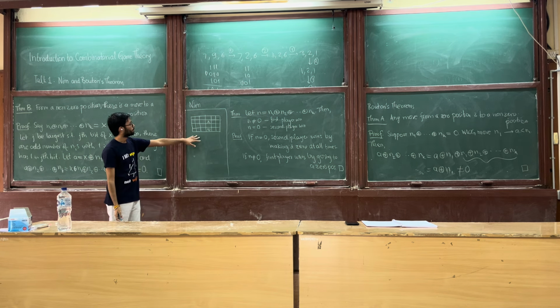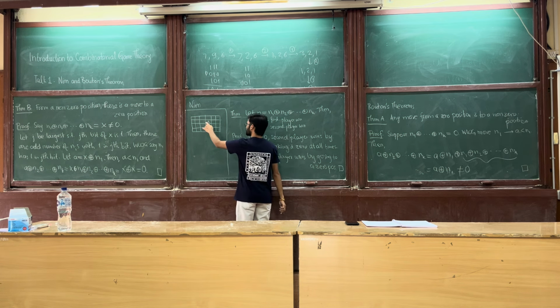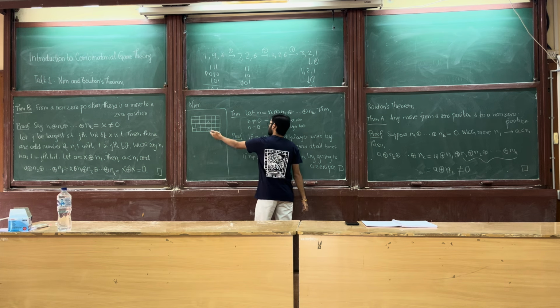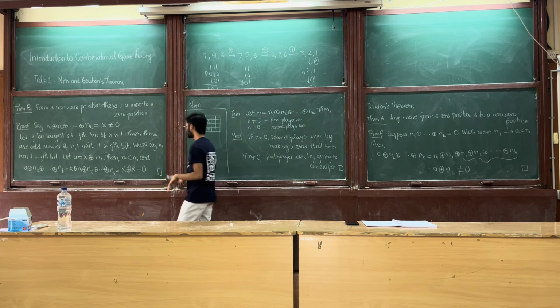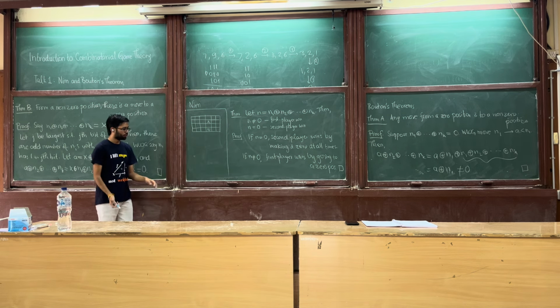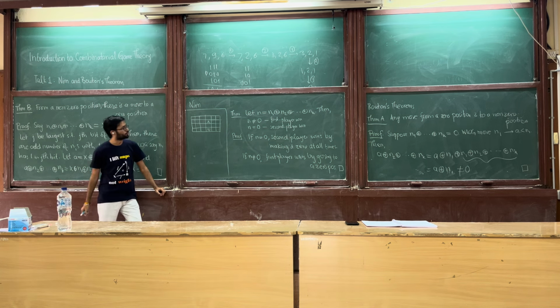A move for A is to move any of his pieces any number of squares to the left in the same row, and for B any number of squares to the right in the same row. So for example, A could move here or here or here, and B could move here. You'll notice that it's very dumb to move more than one square at any point, because that's just cutting off your own moves.